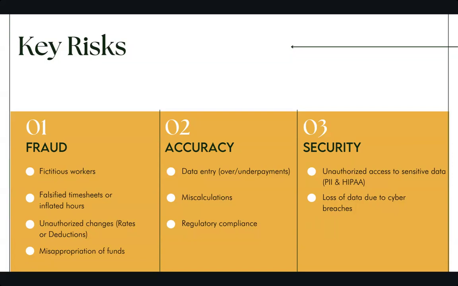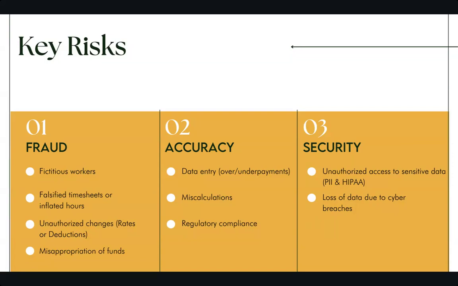The second is the accuracy of the data that gets input into the accounting system. So making sure that no data entry errors exist, no miscalculations exist, and that the regulatory filings are filed based off the correct calculations, which will result in fewer penalties and underpayments for regulatory compliance.